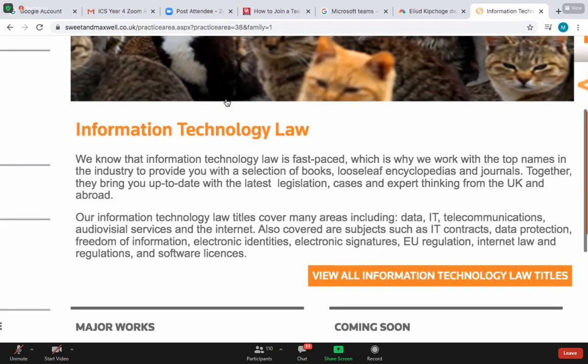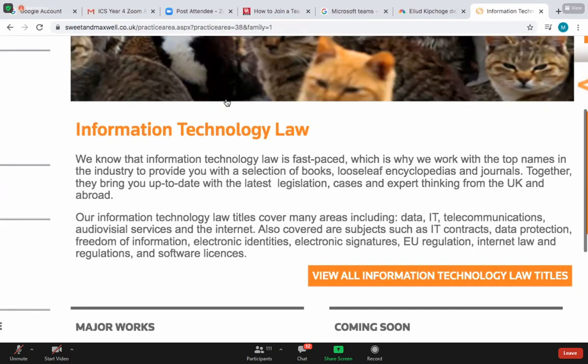Our information technology law titles cover many areas, including data, IT, telecommunication, audiovisual services on the internet. Also covered are subjects such as IT contracts, data protection, freedom of information, electronic identities, electronic signatures, EU regulations, internet law and regulations, and software license.